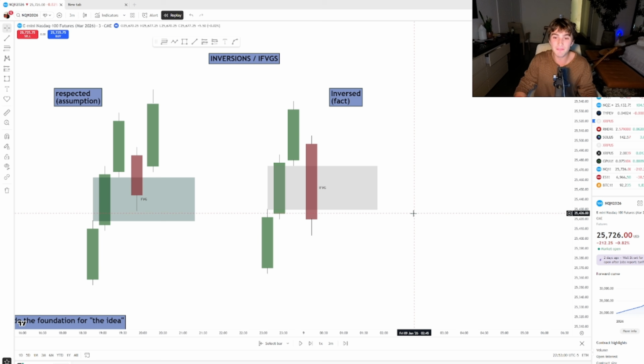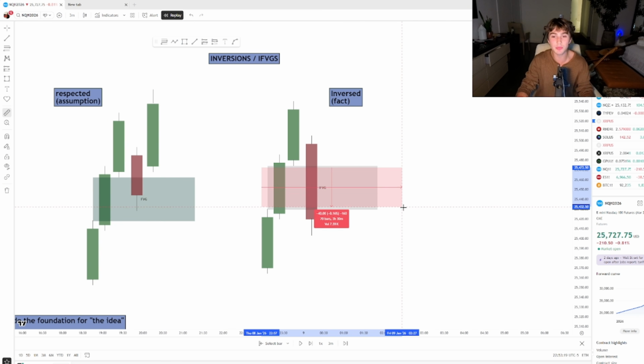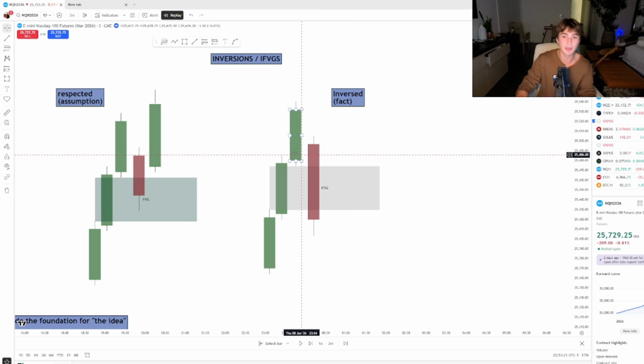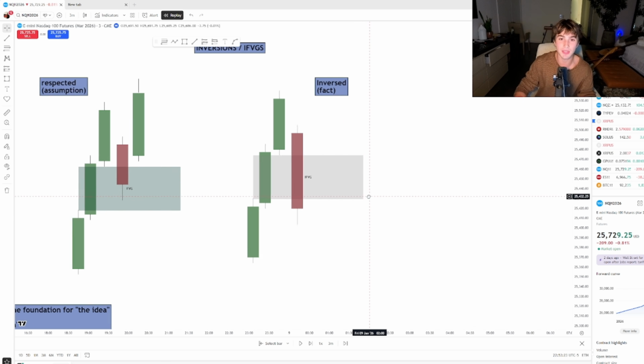But when we get an invalidation of it, it turns into a fact. We have now flipped this bullish imbalance, and now we are assuming. Well, not even assuming, we can safely assume price will go down now, but at least we're using a fact this time. We have inversed this fair value gap to the downside.